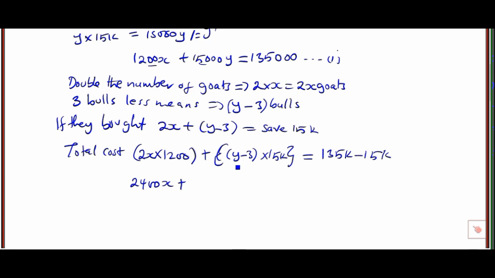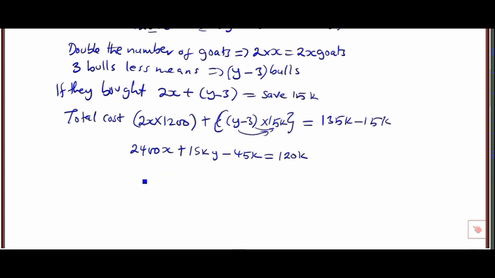So if you simplify here, you shall have 2400x plus, multiplying this by 15 and this by 15, 15k y minus 45k is equal to 120k.